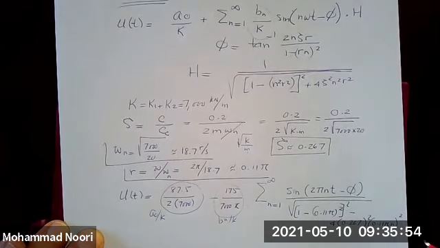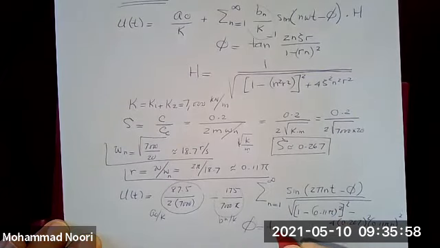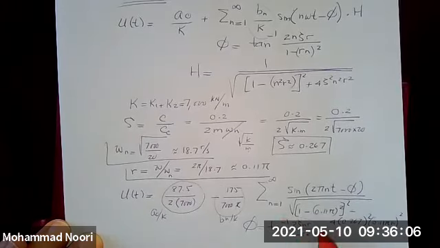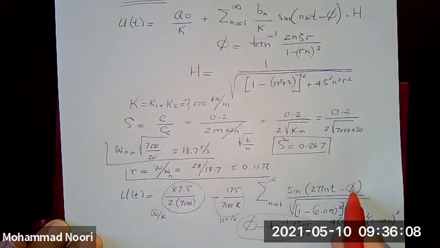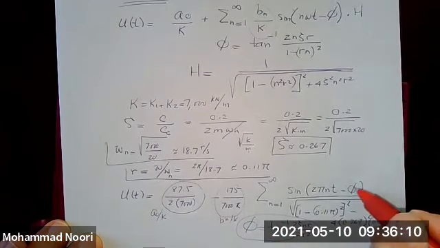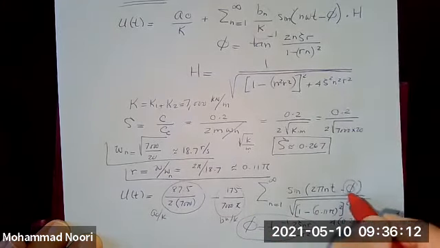Okay, so you need to evaluate. Of course, phi is the arctangent of 2 zeta n r over 1 minus r squared. So you need to substitute for that to find the value of phi that goes here.